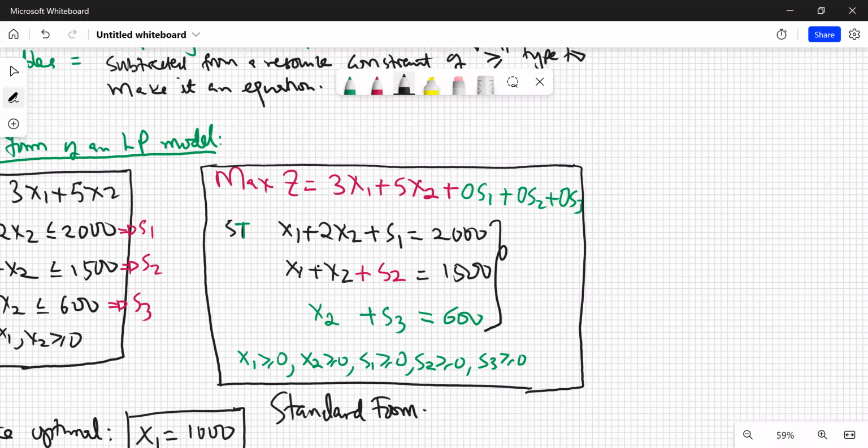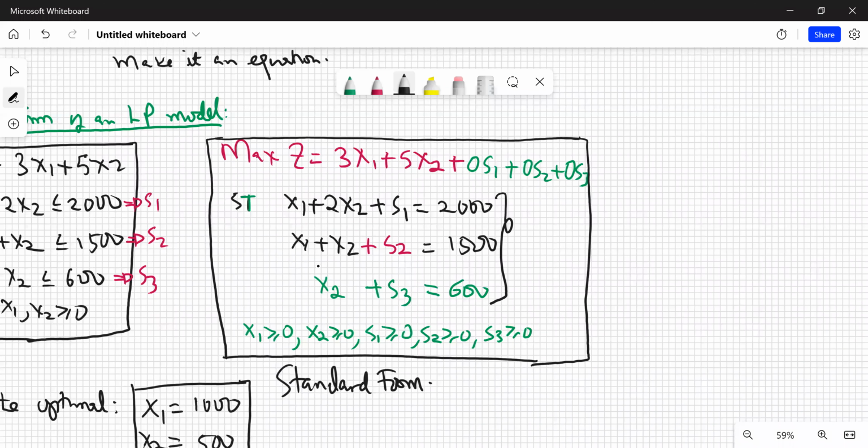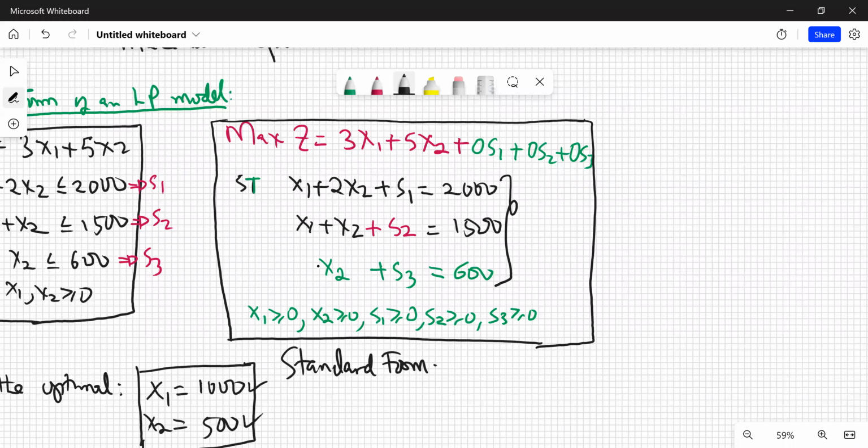So working with the first equation, using the optimal values of x1 and x2, if you substitute them there, then you'll notice that the value of S1 is equal to, this will be 1000 plus 2 times 500, which is 2000. So 2000 plus S1 is equal to 2000, meaning that S1 is equal to 0.